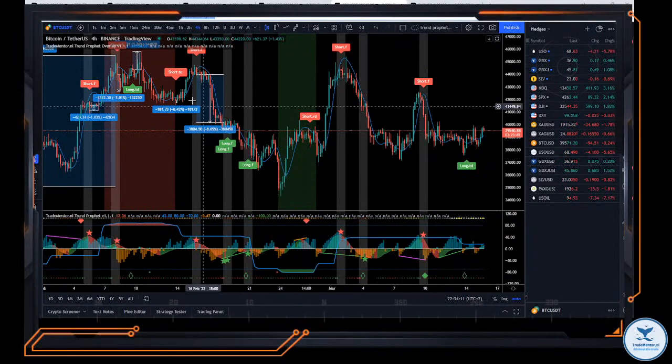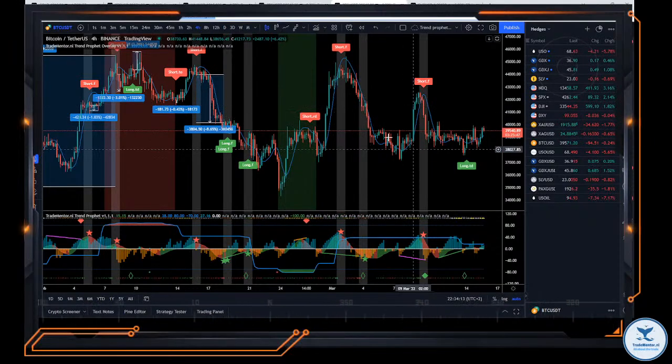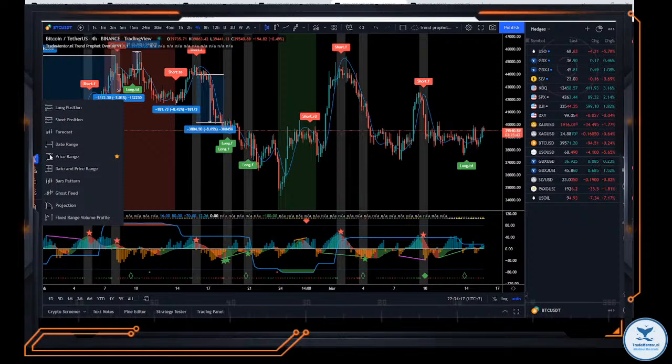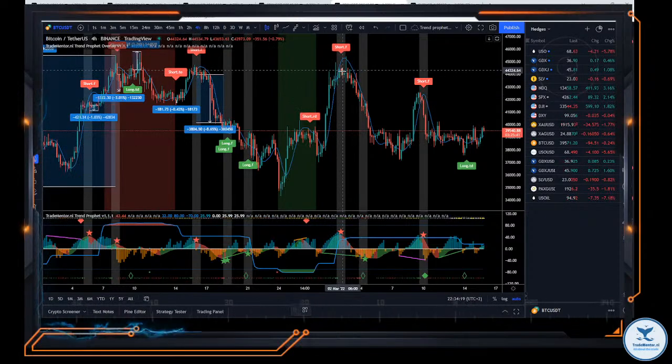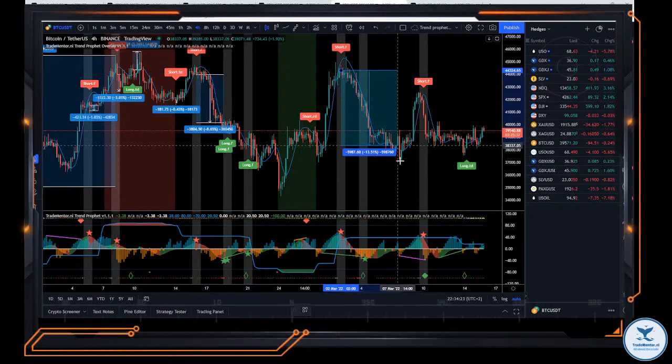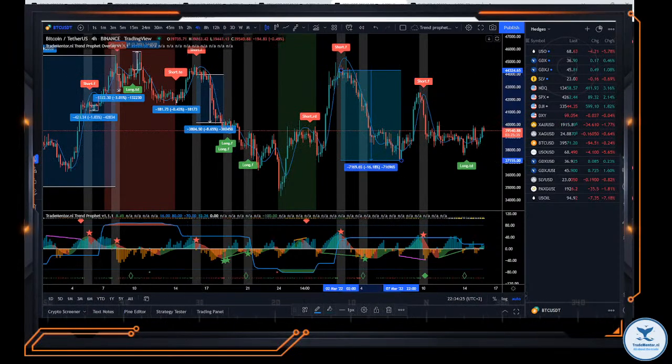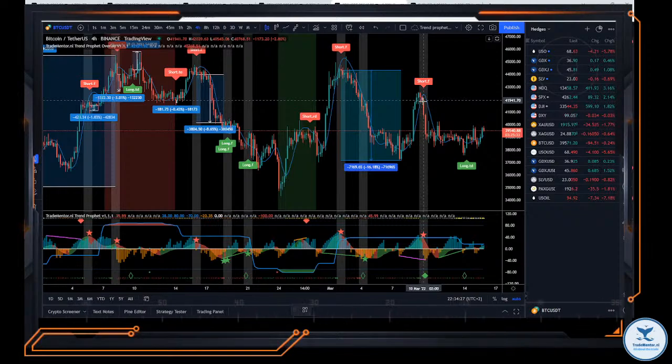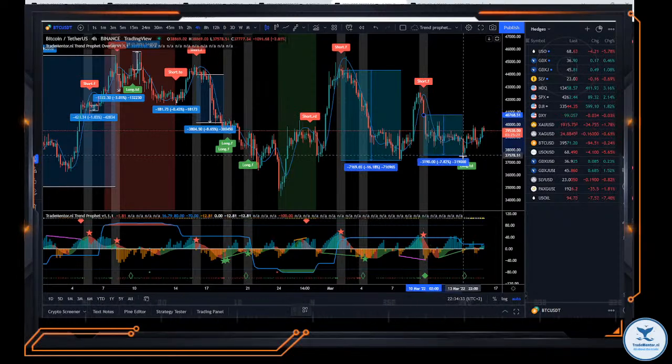There was the Bitcoin 4 hour, where we had some very lovely trades after the backtest. Like here, 16% there. The next flag was a short again. Did kick in a bit late, but still 7%.